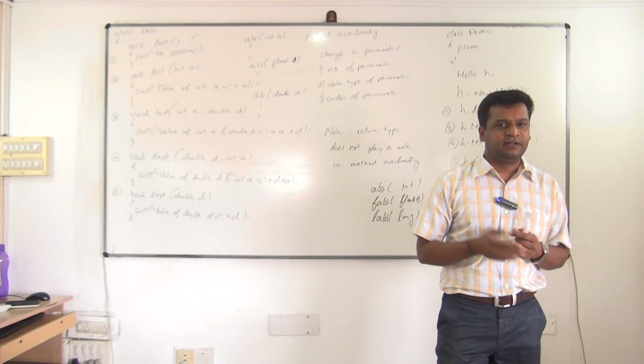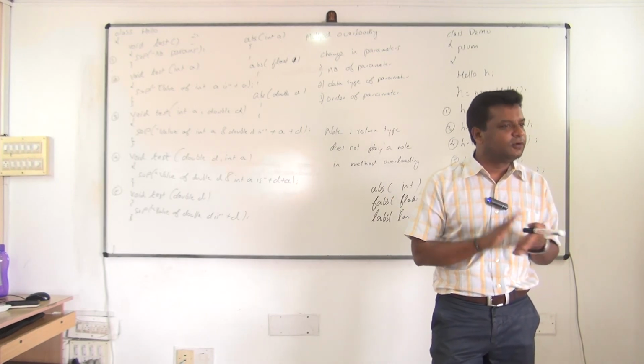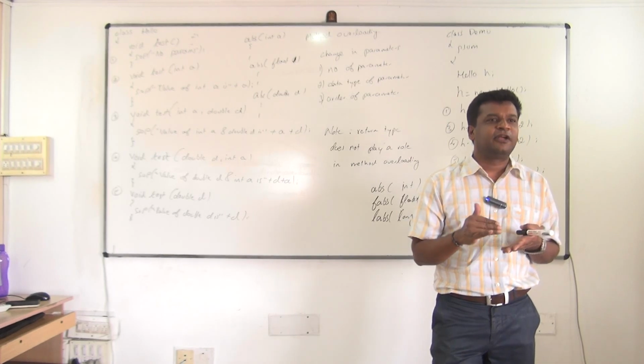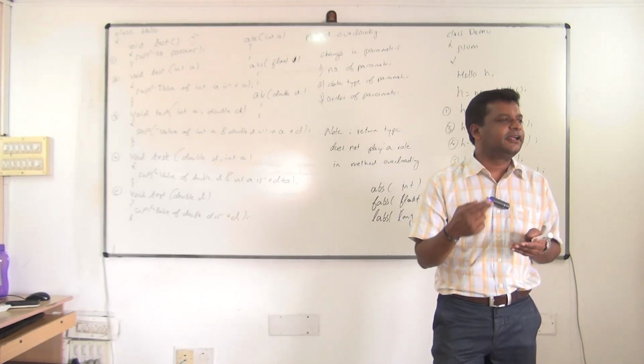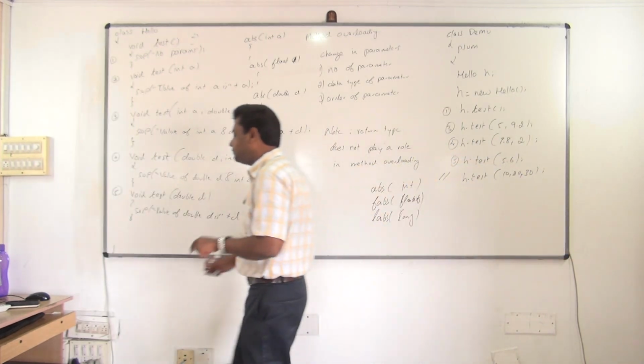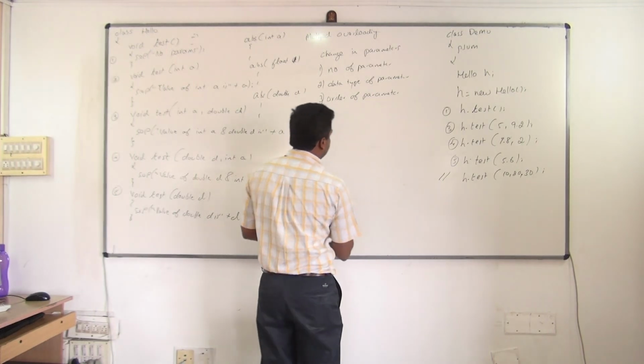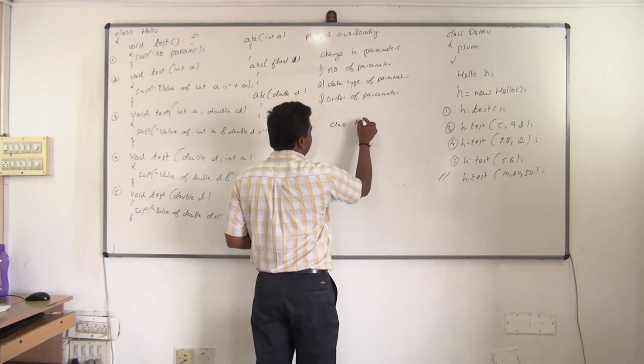Supposing, one more scenario you can take. I want to add 2 numbers, I want to add 3 numbers, I want to add 4 numbers. So instead of going for M1 method, M2 method, M3 method, which will take 2, 3, 4 parameters, what can you do? See, this is class hello. A class name can be anything.